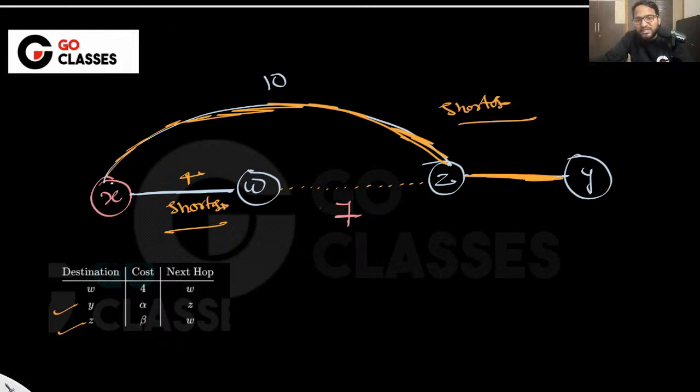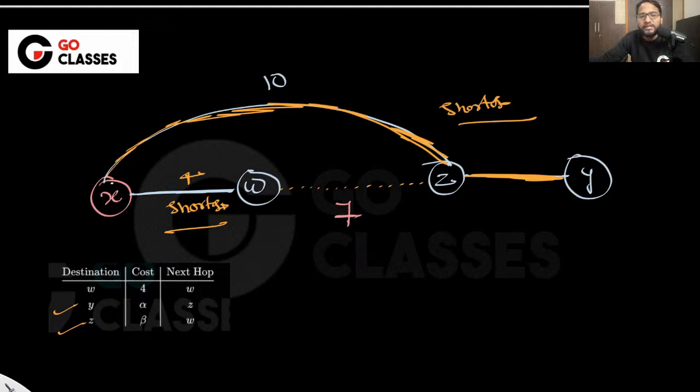See, let's suppose you're putting this 7, and somehow it is 7. Is this possible? Why is this 7 not possible?